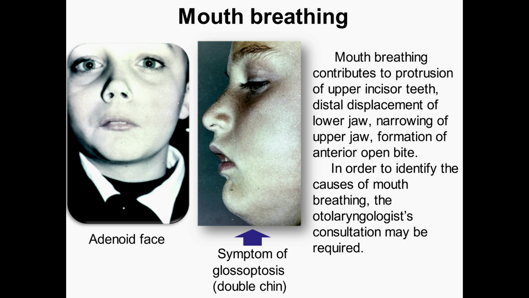The reasons for mouth breathing can be a decreased tone of the orbicularis oris muscle, sagittal overjet interfering with the lip seal, nose and nasopharynx diseases, as well as the habit which is preserved after elimination of the mouth breathing cause. In order to identify the causes of mouth breathing, an otolaryngologist consultation may be required.